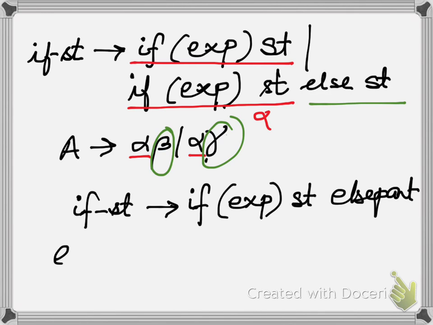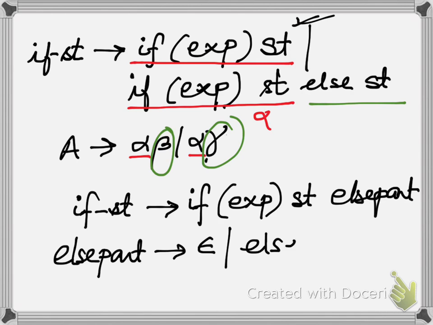And what is else part? Else part is either epsilon in this case, or it is the keyword else followed by statement. So this is where we have done some left factoring.